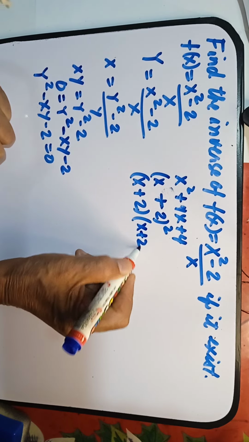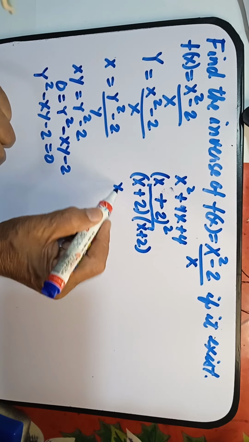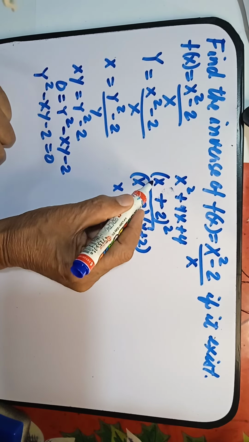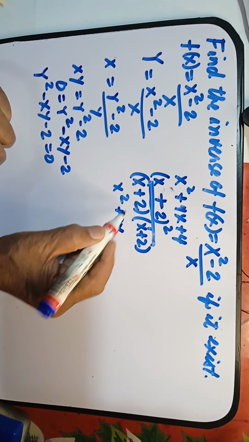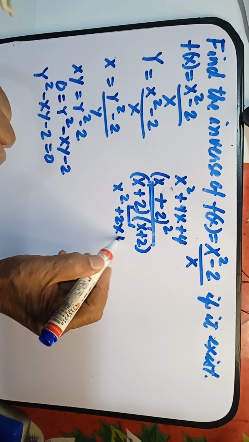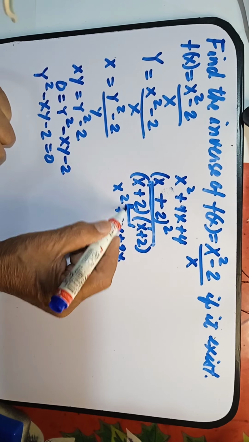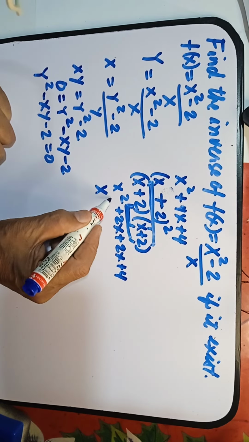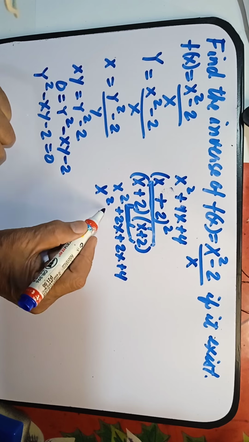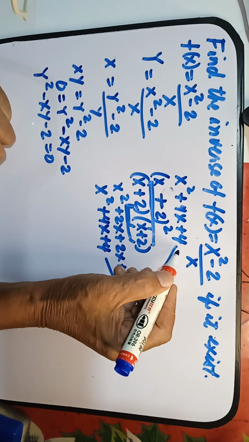By FOIL method, this is x square, then this is 2x, then 2 times x is 2x, then this one is 4. So you're going to have the answer x square plus 4x plus 4, just the same.